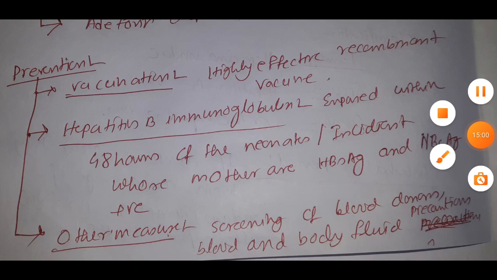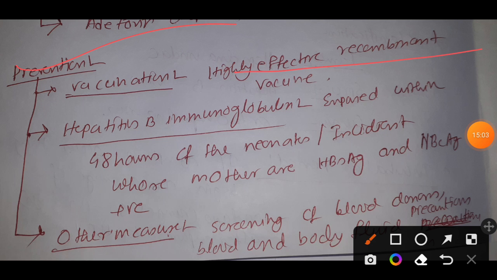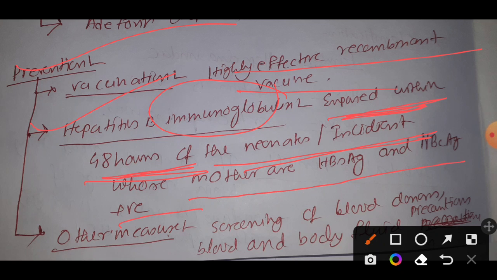As for vaccination, a highly effective recombinant vaccine is produced nowadays. Hepatitis B immunoglobulin is given within 48 hours to neonates whose mothers are HBsAg or HBeAg positive.